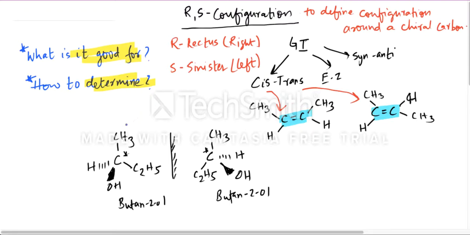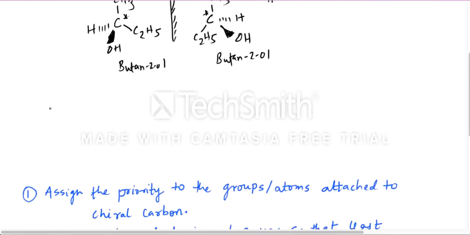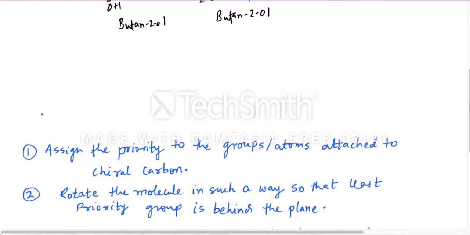The later part is important, in which we will discuss how to determine RS configuration if we have a chiral center in a molecule. For that we need to follow certain rules and steps. I have already listed down the steps required to get RS configuration, so these are the steps we need to follow.